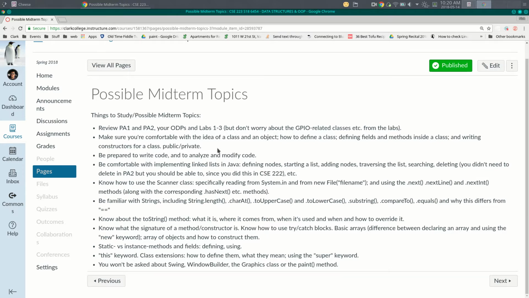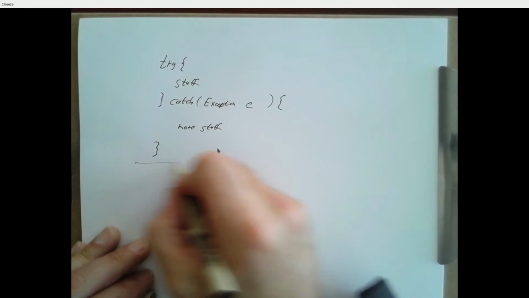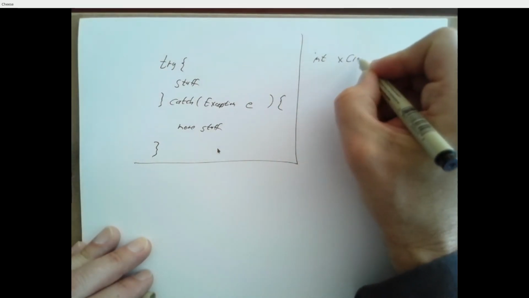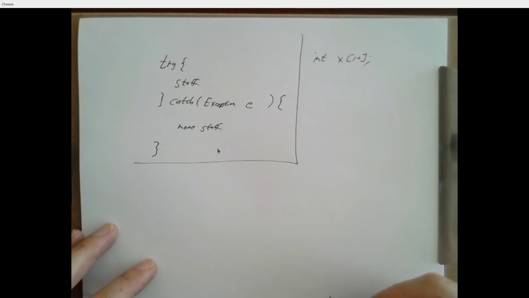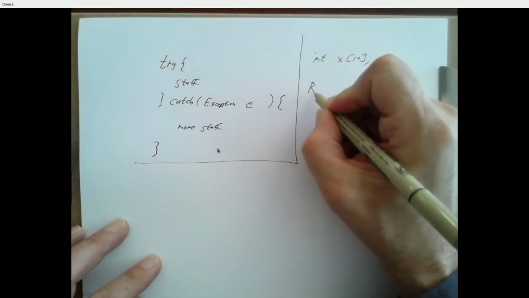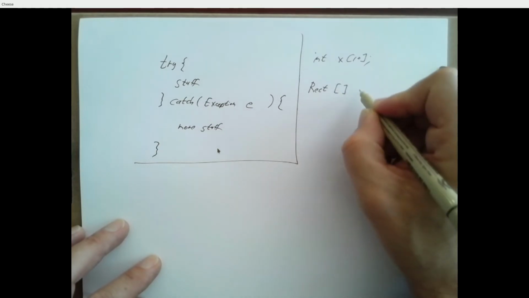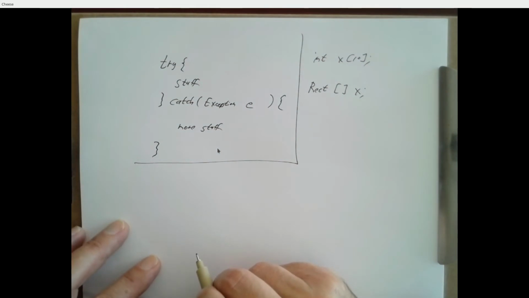Know how to work with arrays. With these built-in types like integer, we can get away with that. But for these non-primitive types, for actual classes, we can say something like Rect, which makes an array of rectangles.